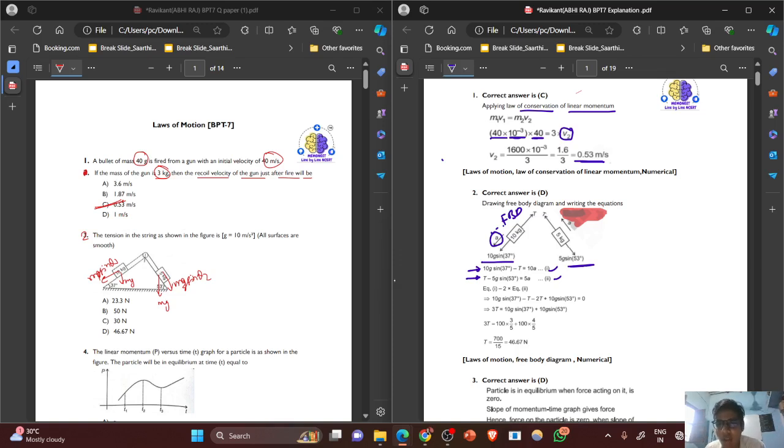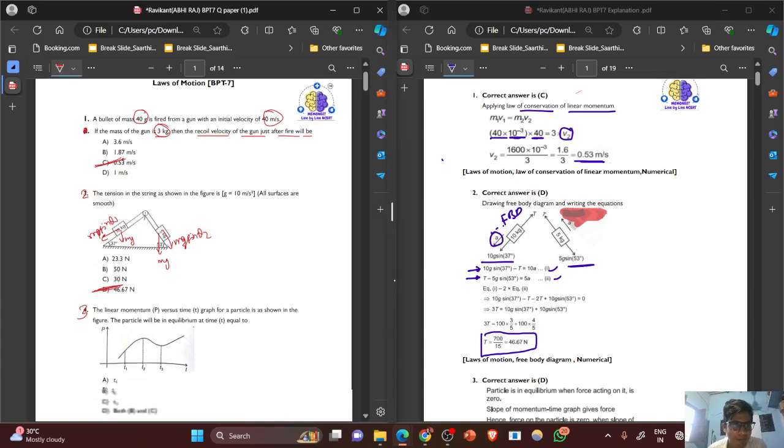Solving this, the value of tension comes out to be 46.67 Newton. So the correct option will be option D. Now moving to the next question, which is your third question.